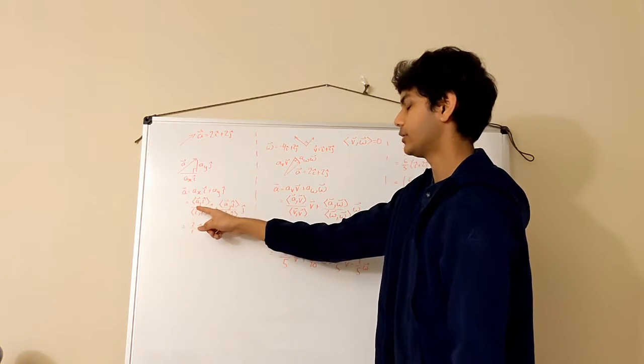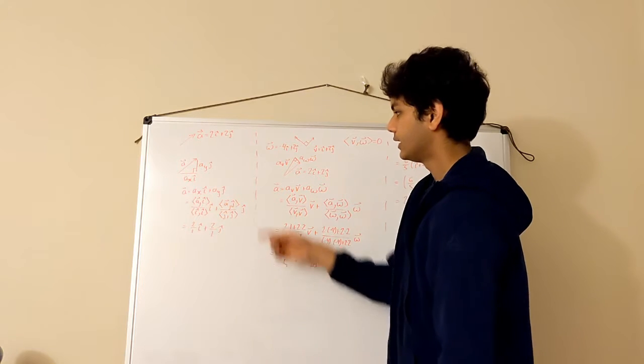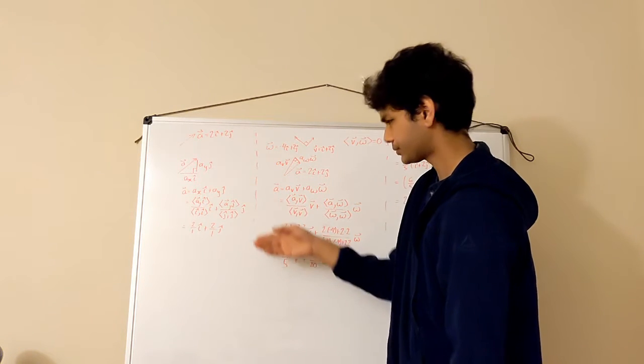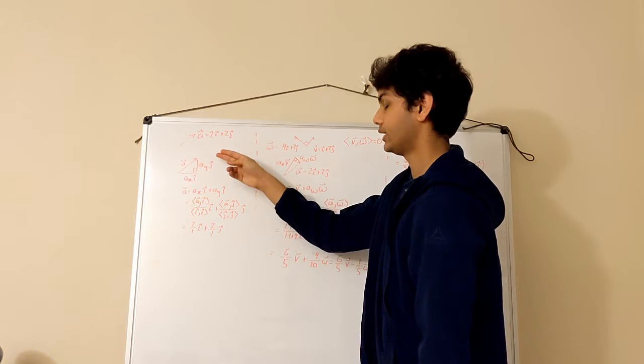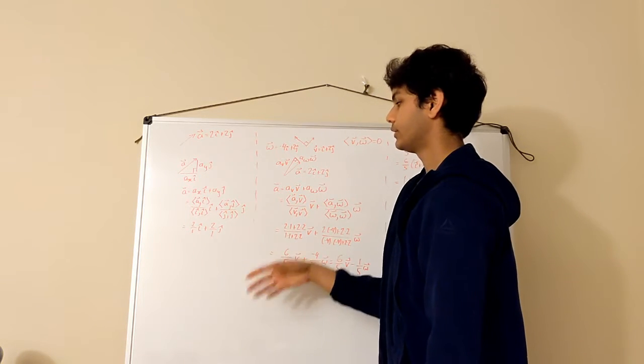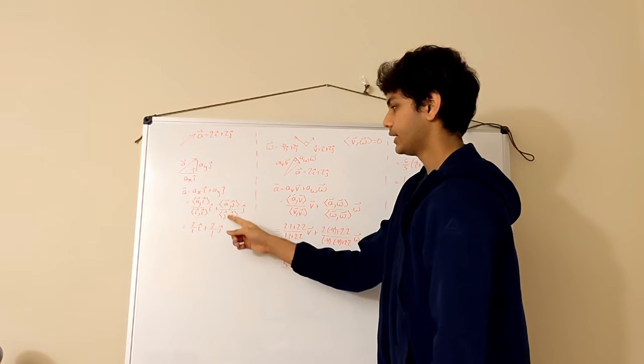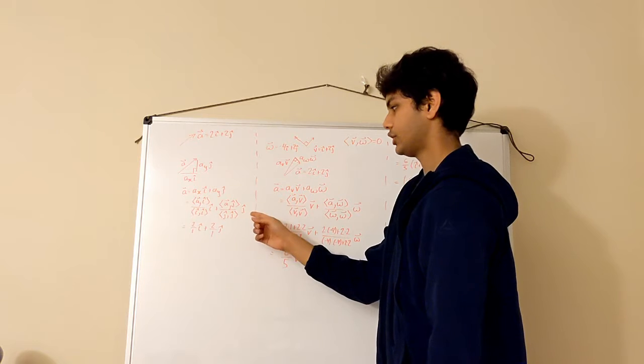So in this case, you'll have the inner product of a with i divided by the inner product of i with i times the vector i. Now the vector in the j component, we're decomposing it into something parallel to a j component and perpendicular to a j component. So the vector in the j component is similarly going to be the inner product of a with j divided by the inner product of j with j times j.